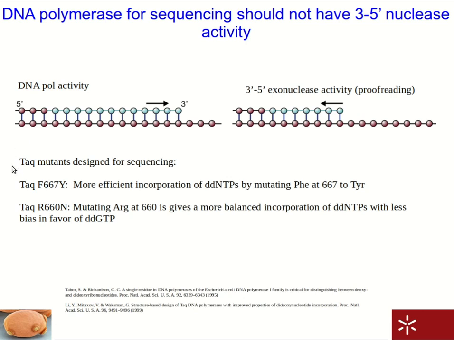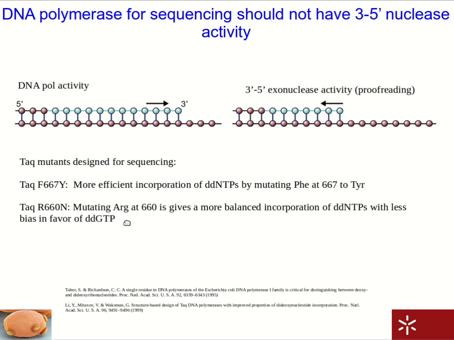But in fact, some extra beneficial mutations have been isolated in Taq polymerase. If we switch the phenylalanine at position 667 to a tyrosine, we get more efficient incorporation of ddNTPs in general, and we can perhaps use less of this expensive chemical.